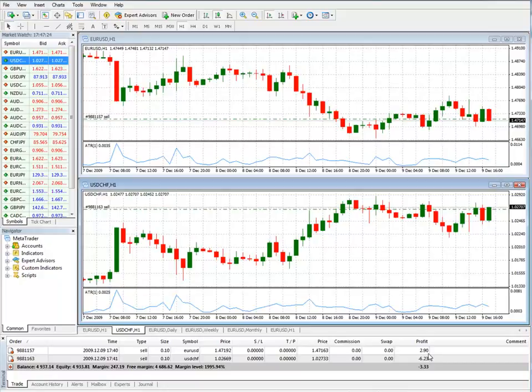When it moves into a profit, then you might want to sell the US dollar Swiss franc, and that will actually help to protect some profit, because if the euro dollar US dollar starts to go back up and move against you, the US dollar Swiss franc starts to go down, and you have an opportunity to grab some profit.